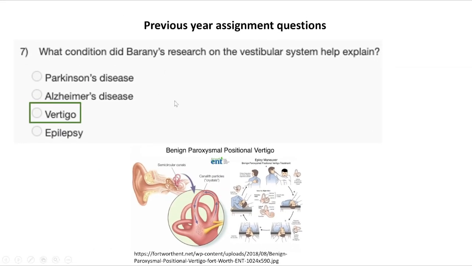Interestingly, Barany also showed that in individuals experiencing vertigo, initially the person might experience discomfort. There are two vestibular systems, right? One in each ear. Say someone has damage in one of the vestibular systems and is experiencing vertigo. But Barany also showed that with age, there is vestibular compensation.